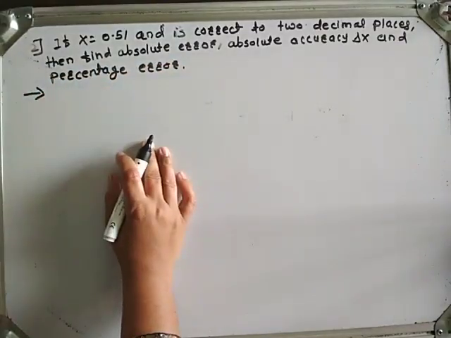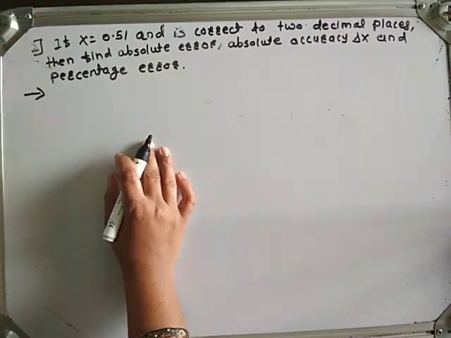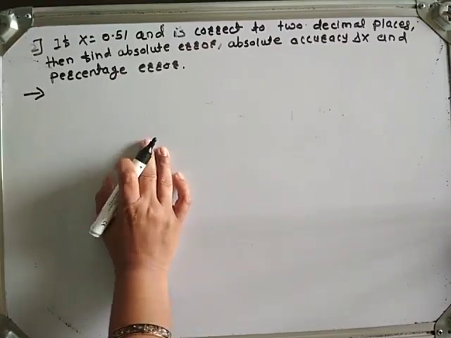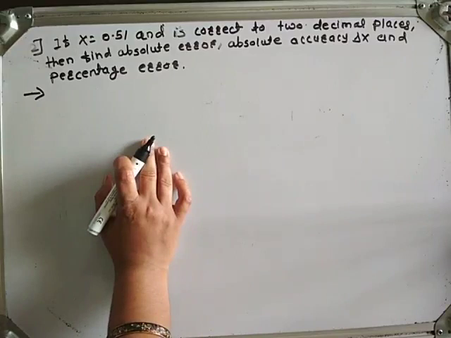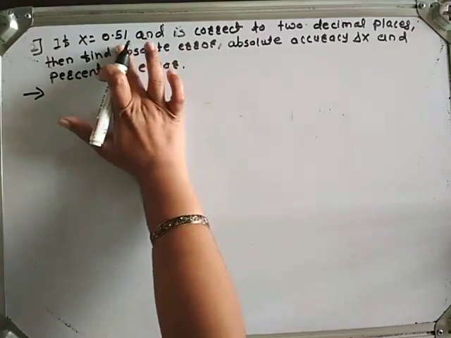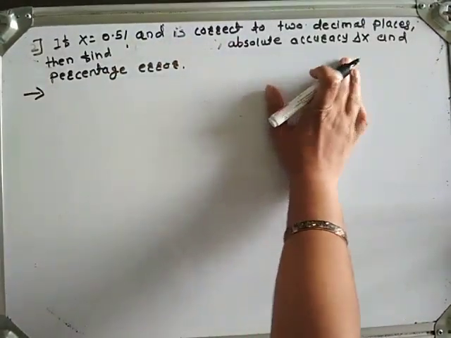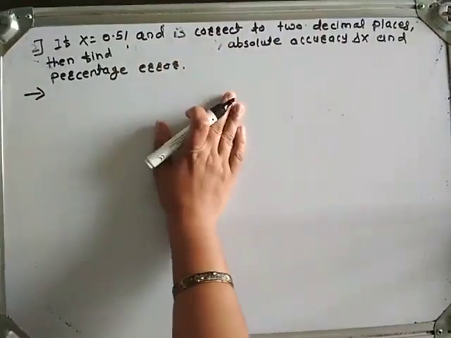See here, what have we been given? If x is equals to 0.51 and it is correct to 2 decimal places, then we have to find, don't take absolute error, only find absolute accuracy, delta x, and percentage error.